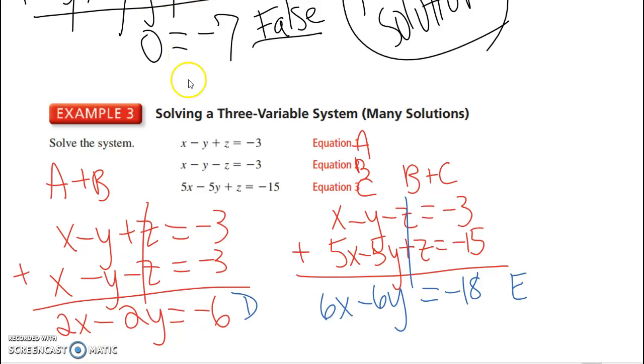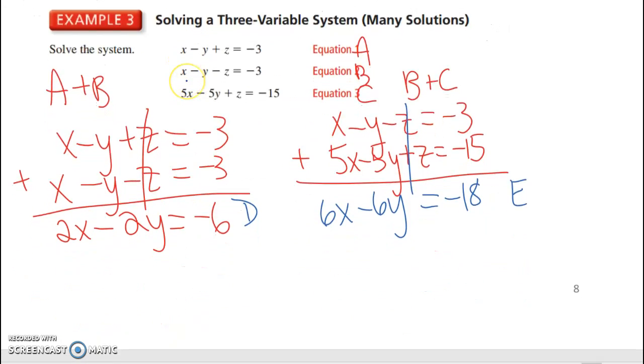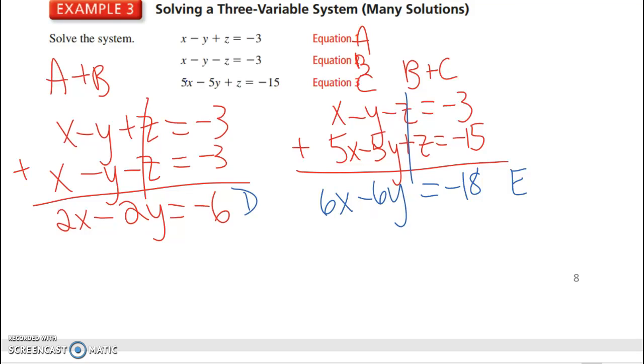I want to set those up, equations D and E, so that I can try to cancel one of the variables. So if I multiply equation D by -3, then I would get -6x here, and it would cancel out with the 6x that I have in my equation E. So I'm going to write that below.